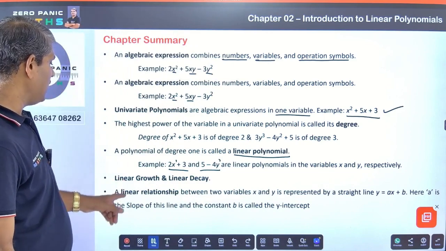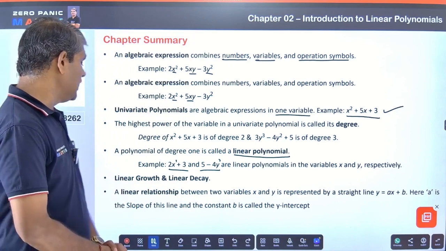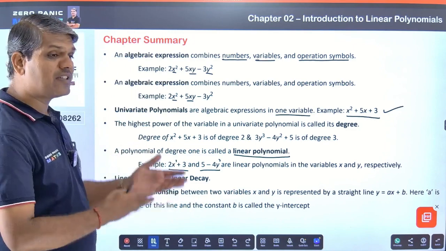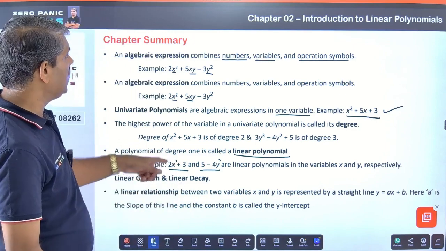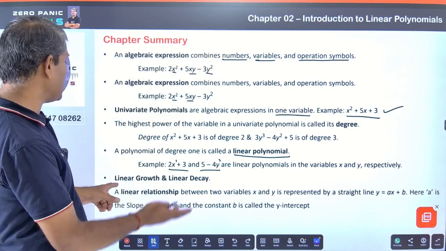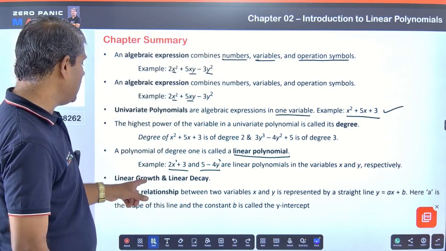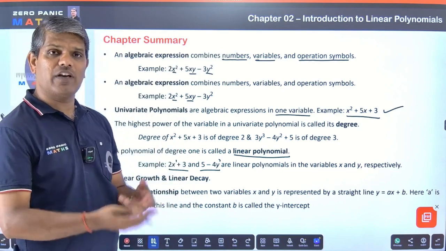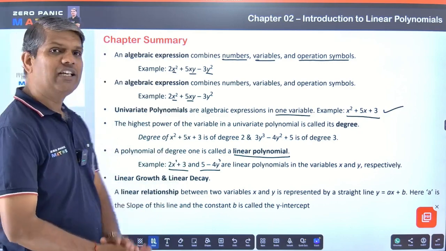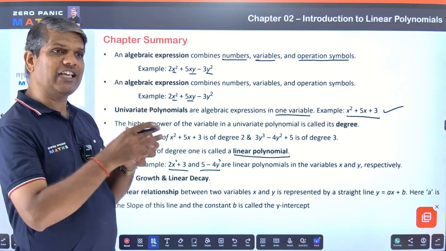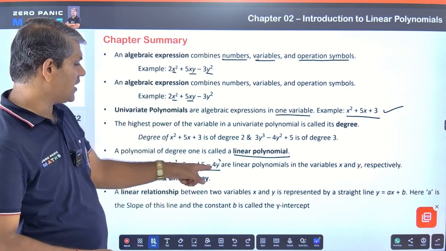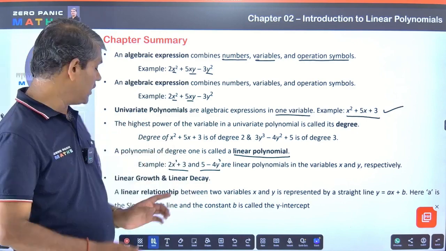And finally we have discussed some points like linear patterns and how to draw them, and how linear patterns represent linear polynomials, all that we have discussed. In that, linear growth and linear decay also we discussed. If you remember, you know the difference between growth and decay. If there is a constant increase in the whole value of the expression with a change in the value of x and y here, then that is called growth.